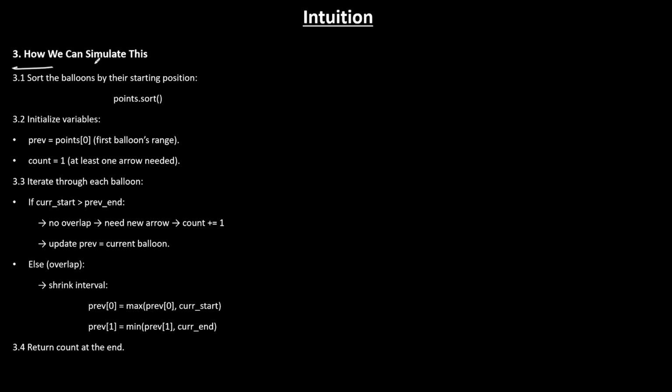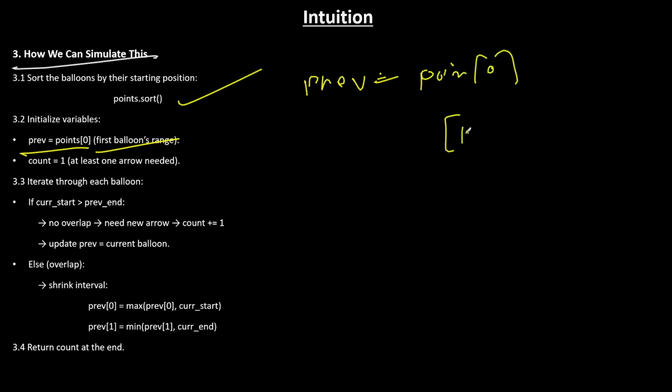The third step is how we can simulate this, right? We will sort the balloons. We will take the previous point's first balloon range. Why are we taking this previous variable? We will store the points zeroth index value. Suppose in this case it was 1 comma 3, so we will initially shoot 1 comma 3, and this will become our previous.